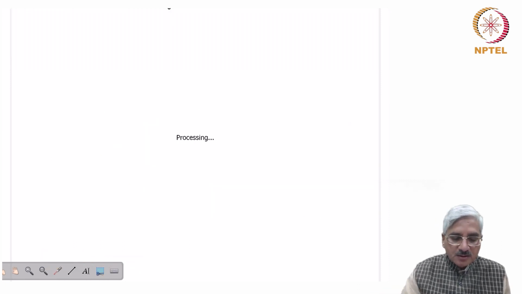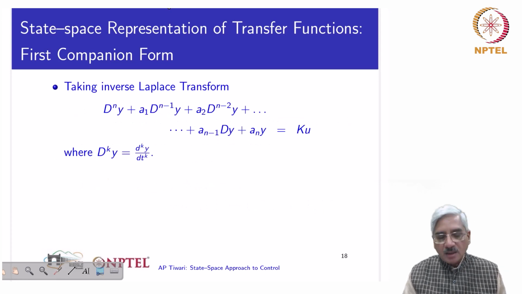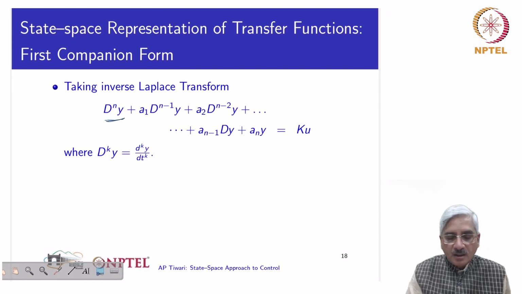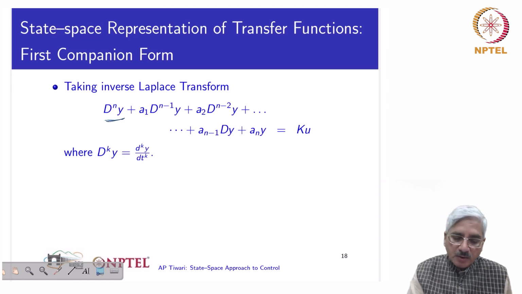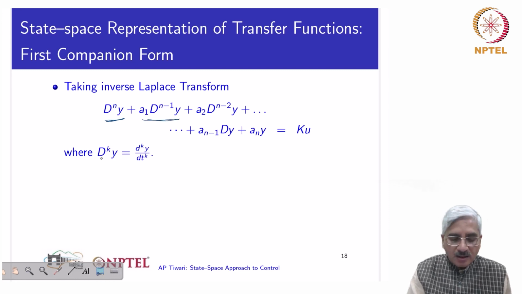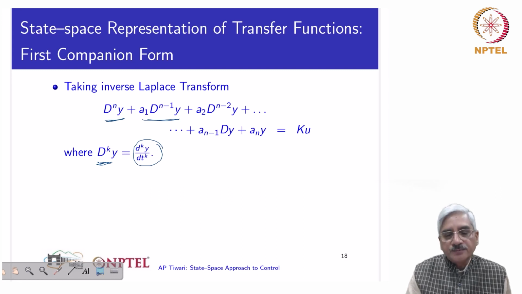Next we take the inverse Laplace transform. So s^n Y(s) becomes d^n y, a1 s^(n-1) Y(s) becomes a1 d^(n-1) y and so on. Here d^k y is the derivative of y with respect to time, the kth derivative. This has to be kept in mind.